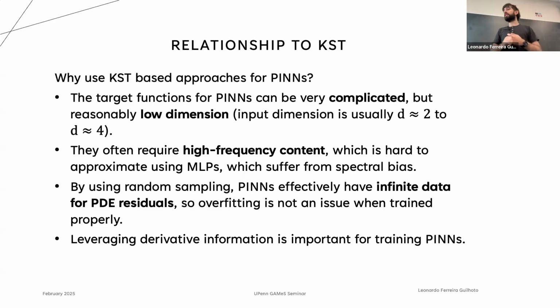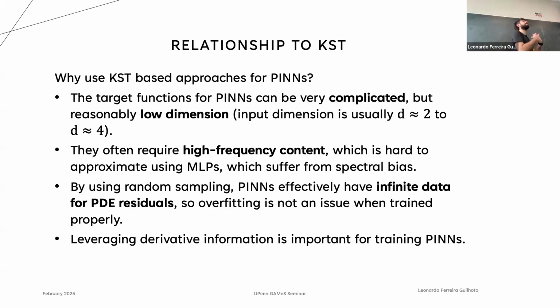Another interesting thing is that when you train PINNs with random sampling, so you sample the collocation points randomly at each iteration as a fresh batch, you don't need any actual experimental data, but it gives you, in a way, infinite data about the residuals inside the domain, because the network just has to satisfy a PDE constraint.